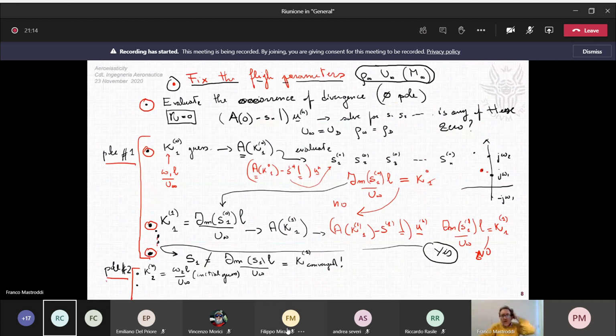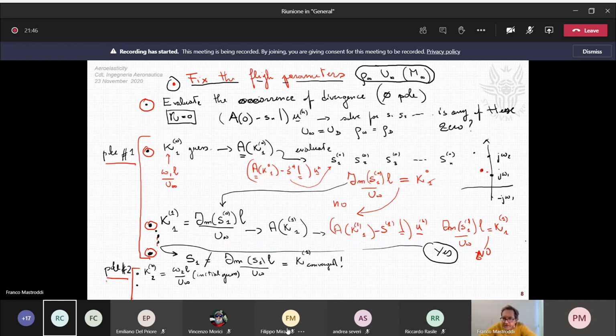And we fix, for example, the flight parameters, and then first of all we check if we have a static instability, like a divergence. If not, then we can start the procedure for finding the poles of the system, and we assume a value for the reduced frequency just inspired by the structural poles.